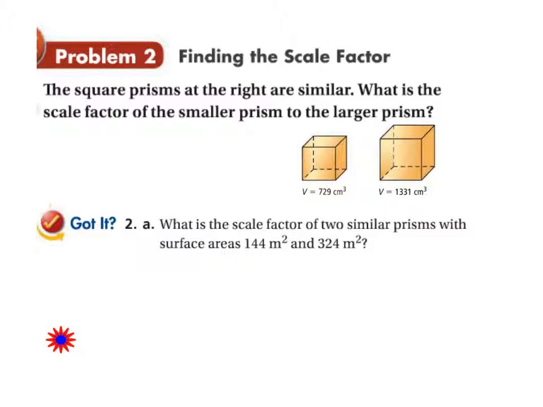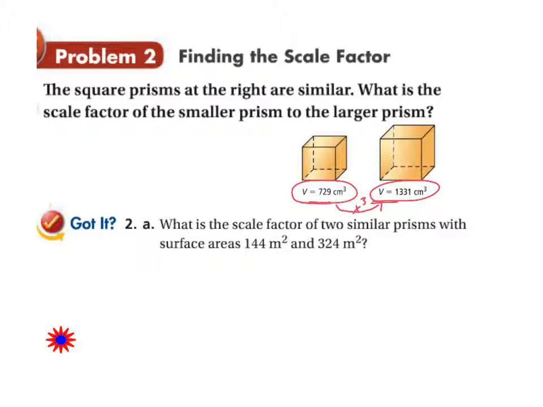Here's an example of two similar solids. You can see one's a little bit bigger than the next, but instead of telling me the scale factor from one to the next on the sides, they've told me the volumes. And if I know the ratio of the volumes, then to get from one volume to the next, I'd have some sort of scale factor, I'll call it x, cubed.